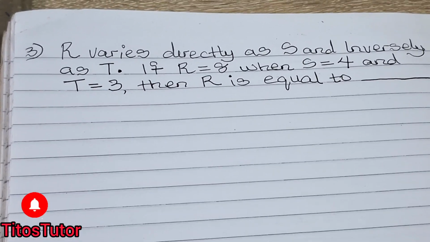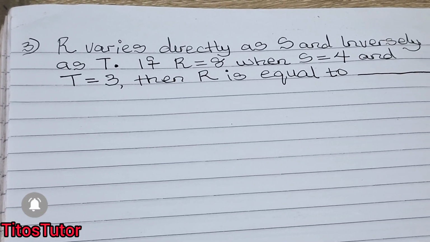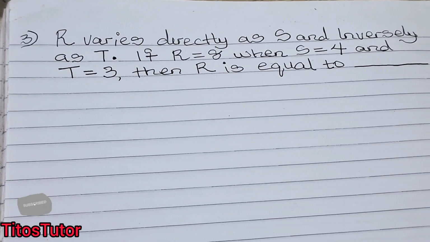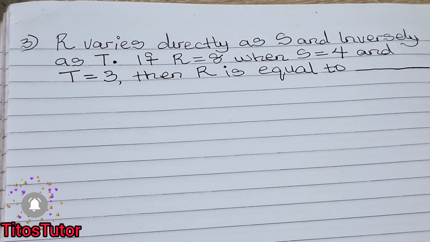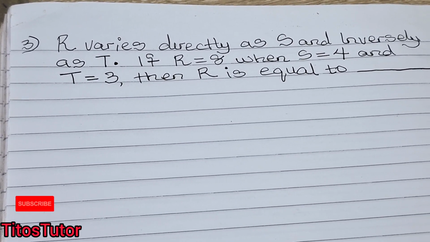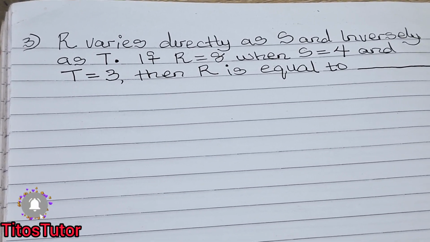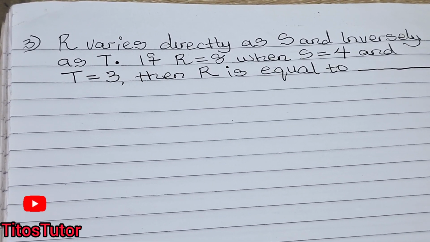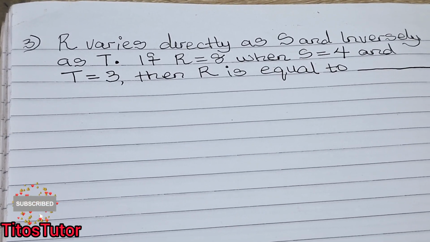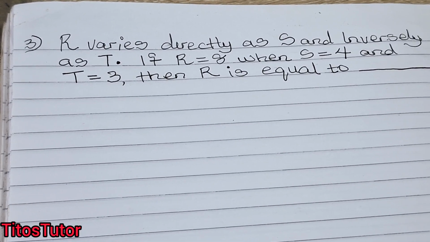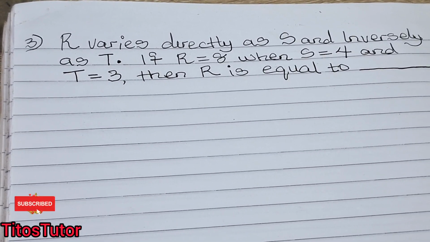The last question we're going to be solving in this video is R varies directly as S and inversely as T. If R is equal to 8 when S equals 4 and T equals 3, then R is equal to dash.